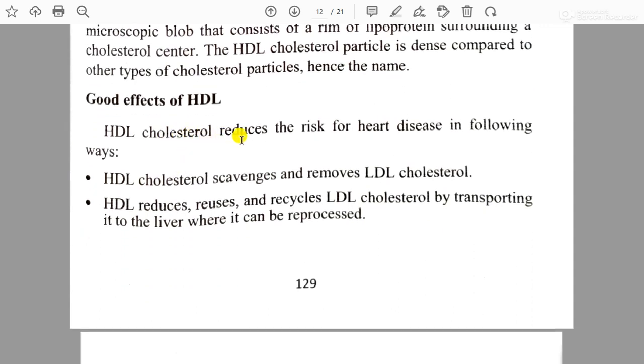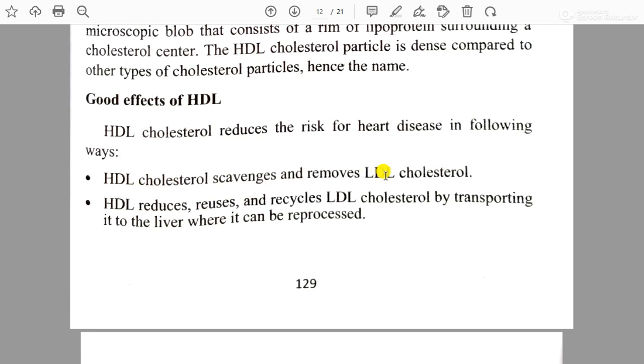HDL cholesterol reduces the risk of heart diseases in the following ways. First, HDL cholesterol scavenges and removes LDL cholesterol. LDL means low density lipoprotein, that is, these lipoproteins have very low density.